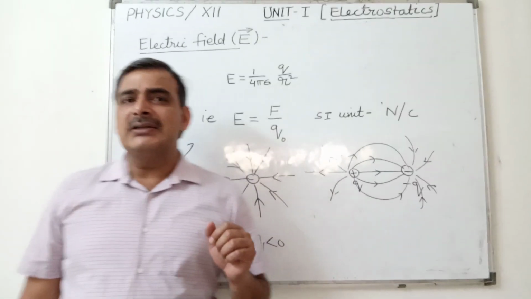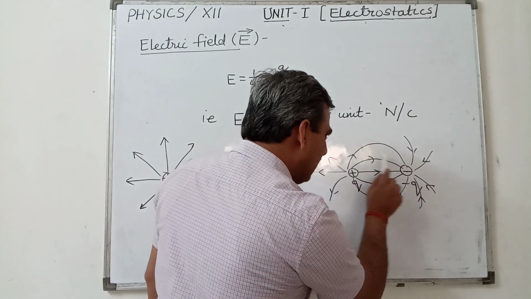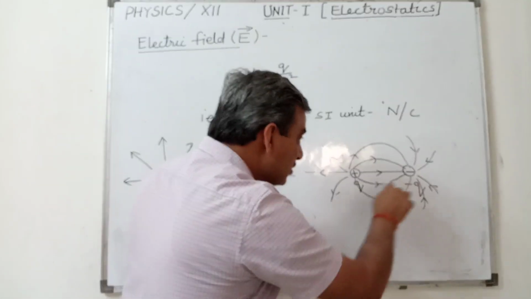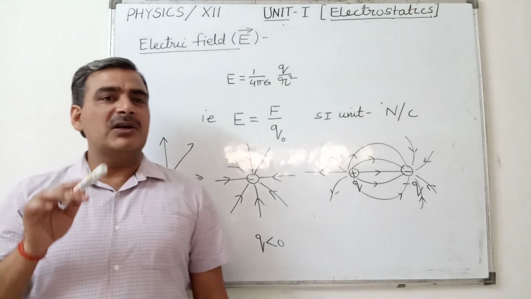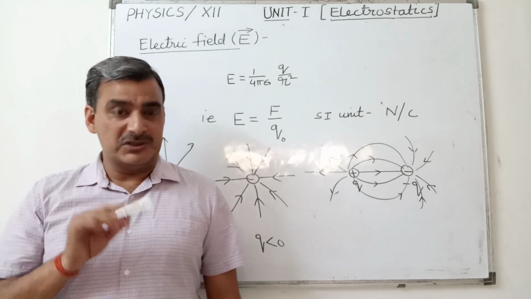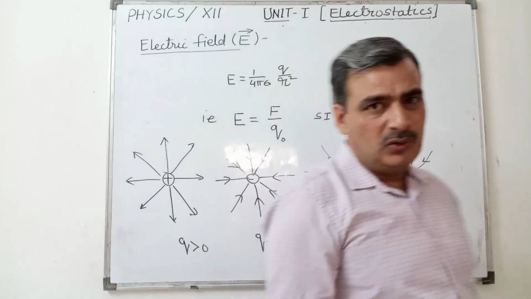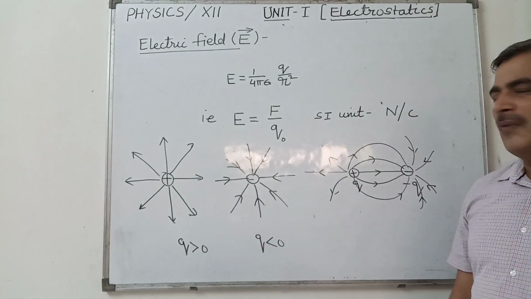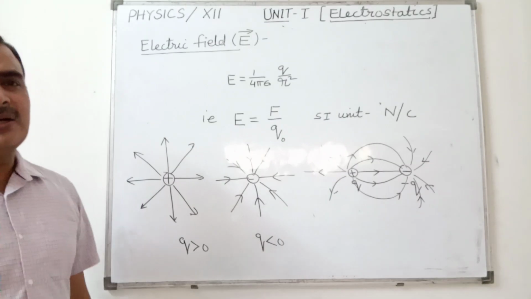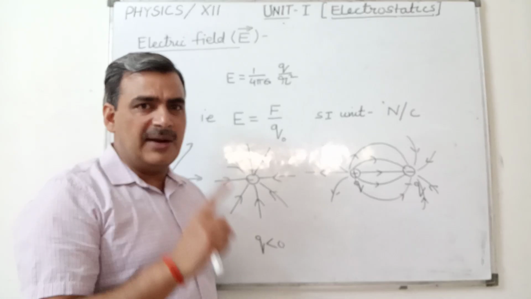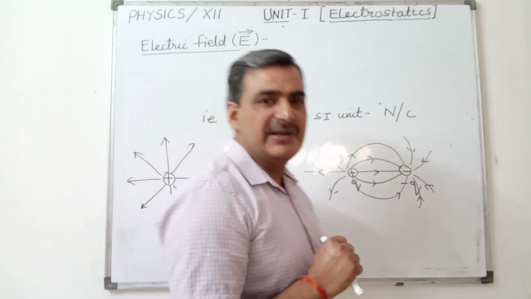Field lines are continuous curves, but they are not closed, because these lines are not returning. Two field lines can never intersect. Why? Because electric field, being a vector quantity, cannot have two directions at a point.